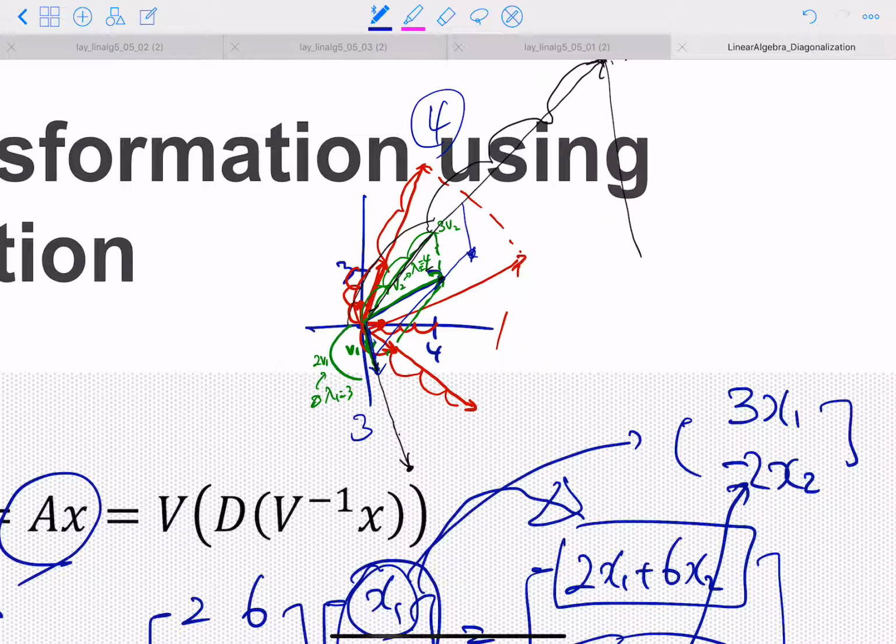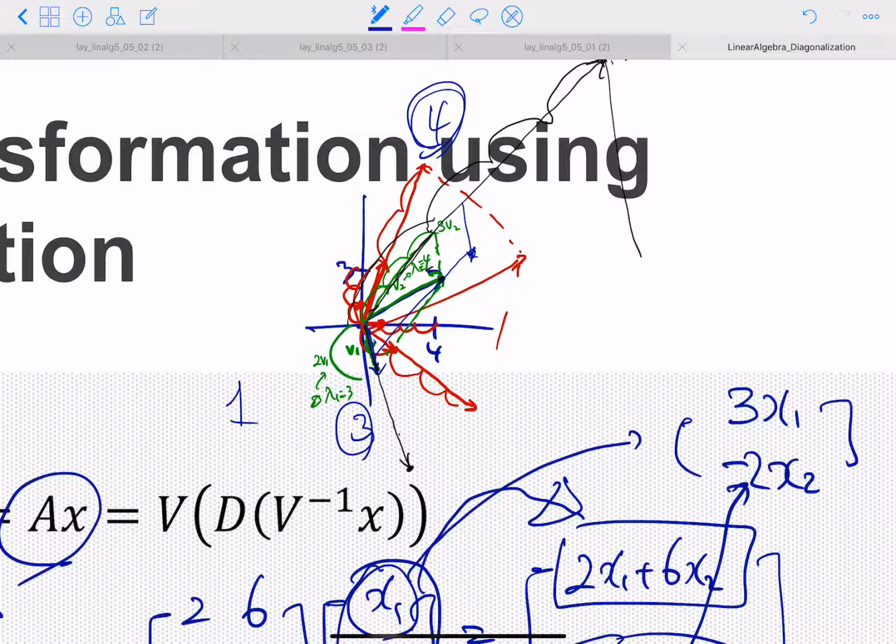Okay? And then also, in this case, suppose we deal with a 3 by 3 matrix, and then we have 3 different eigenvalues and their corresponding eigenvectors. I mean, 3 linearly independent eigenvectors, and their corresponding eigenvalues are 4 and 3 and maybe 1.